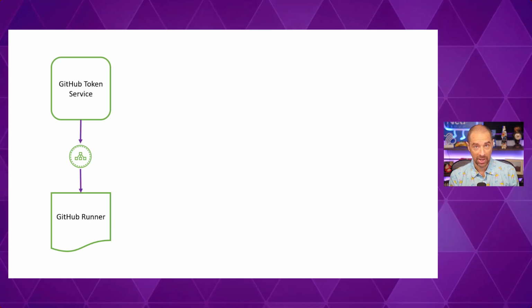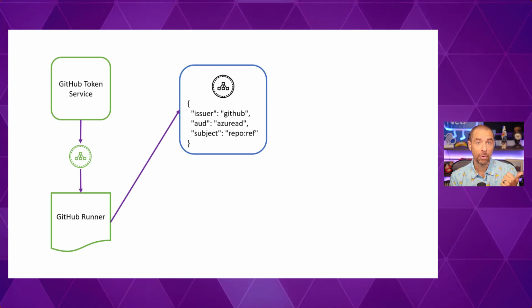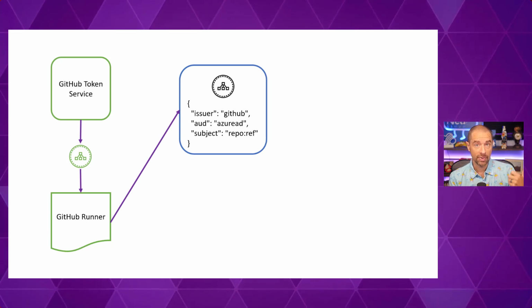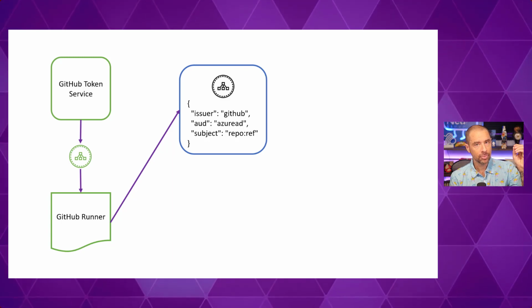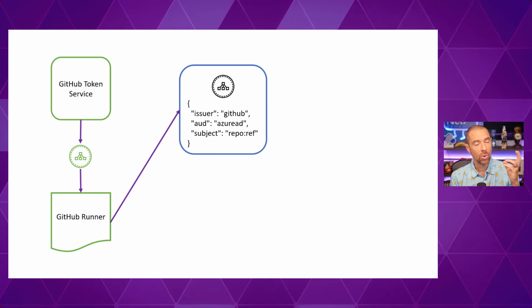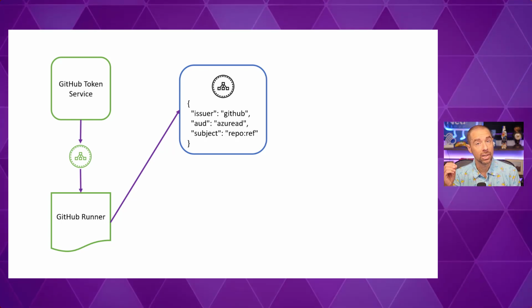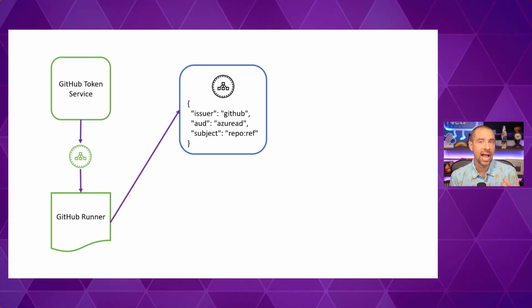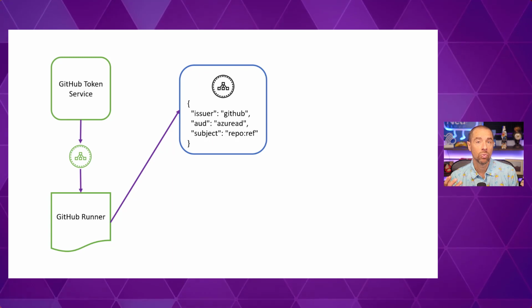Now, what's in that token? Well, the token's going to have a few key properties in it. One, it's going to have information about the issuer, the service that issued that token, and that will be cryptographically signed. Then it's also going to have information about the intended audience. Who, or what service, is this runner going to be presenting that token to? And then lastly, it's going to have a subject, and that subject provides information about the runner itself.